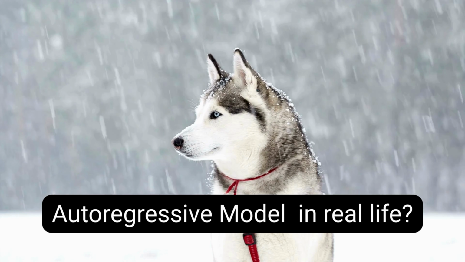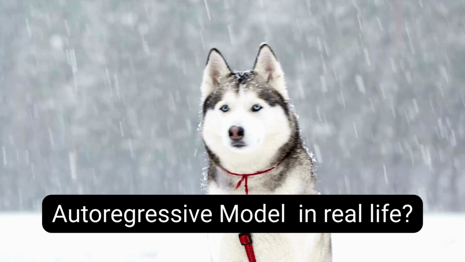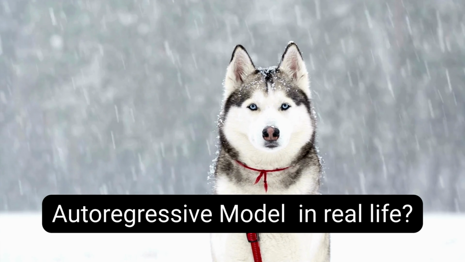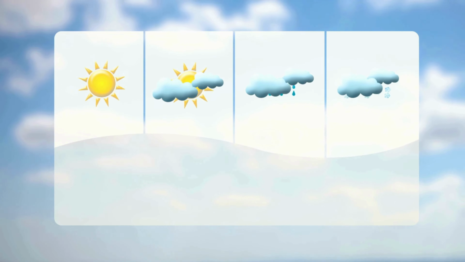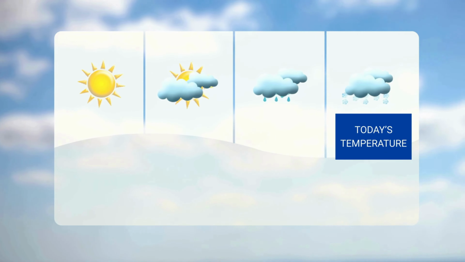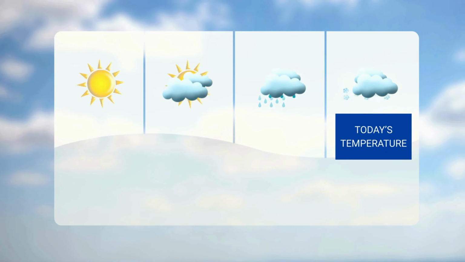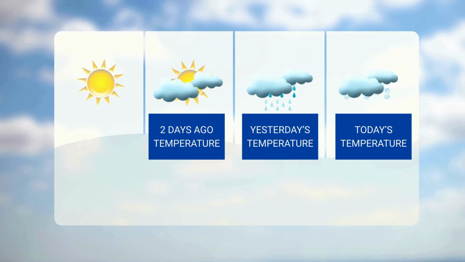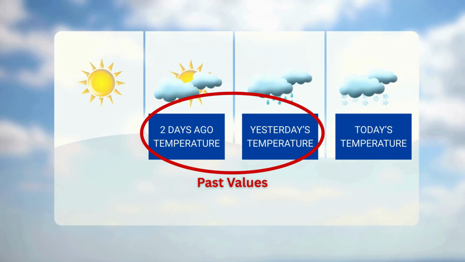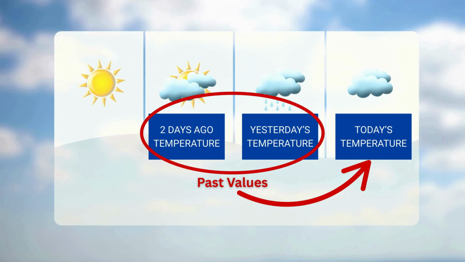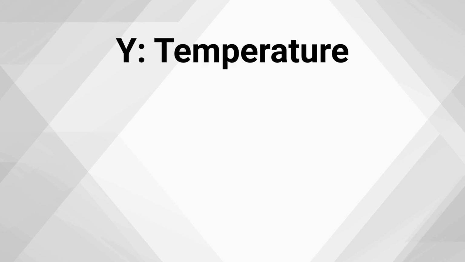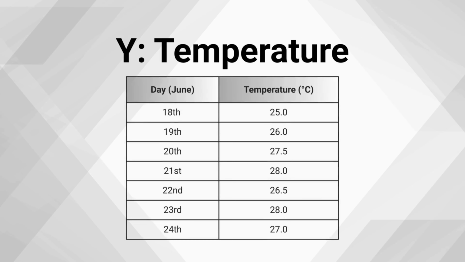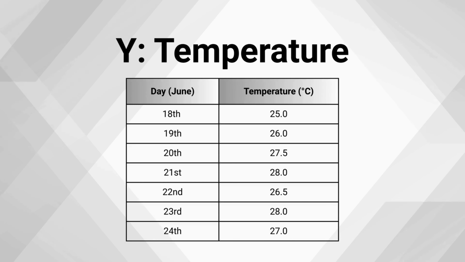Now, here's an example of how this autoregressive concept might look like in real life. Think of it like this. If you are trying to predict today's temperature, one of the best predictors is often yesterday's temperature or the temperature from the day before. It's about using the past of the same variable to explain its present. So, let y be the temperature, and we have daily temperatures from the 18th of June up to the 24th of June.